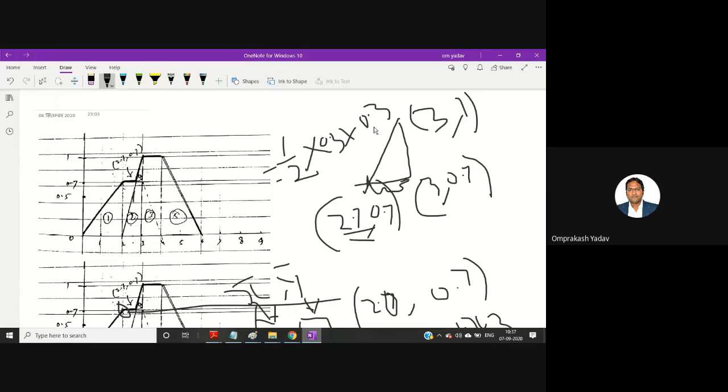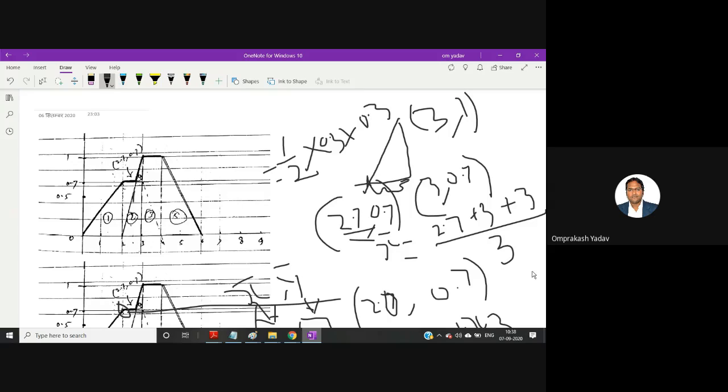Then the second thing is to calculate the x bar for this particular triangle. For x bar, we don't have to worry. We can directly apply the formula. So what will be the formula for x bar? We know all the 3 points, so it will be 2.7 plus 3 plus 3, divided by 3.